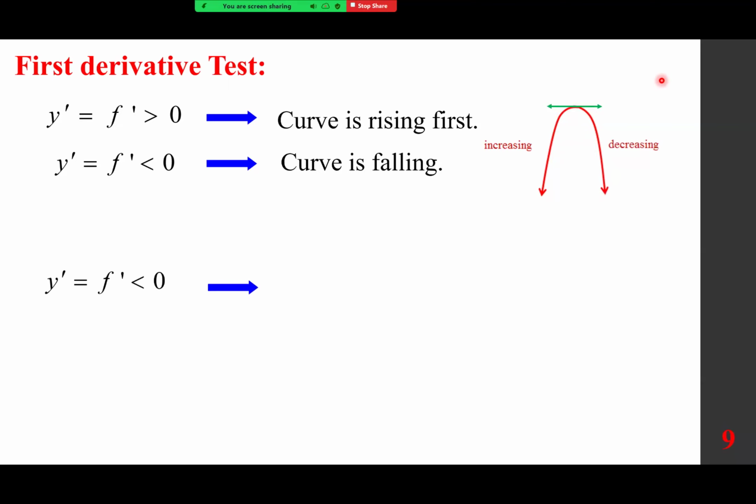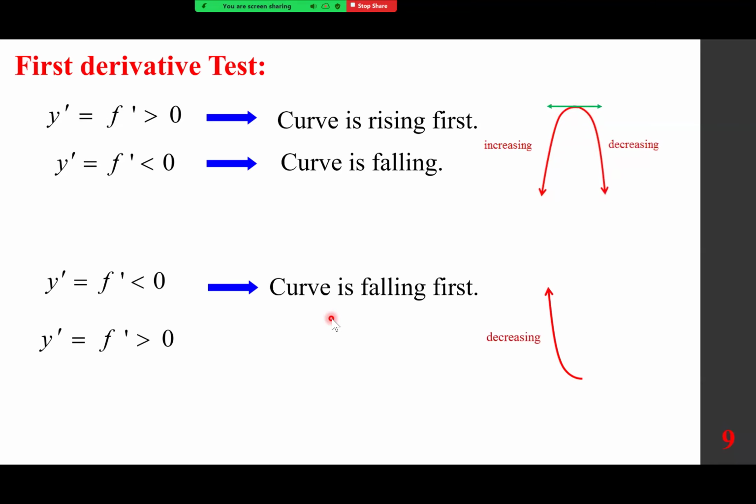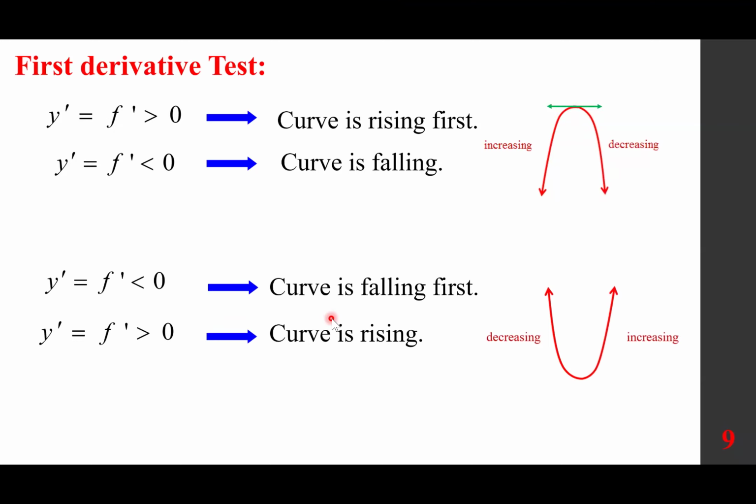On the other hand, if we start with f prime being negative, the curve is falling first, looking like that. And then it's positive. The curve is rising now. Again, it creates a local extremum, but this time it is a local min. So as it changes from increasing to decreasing, it gives us a local max.